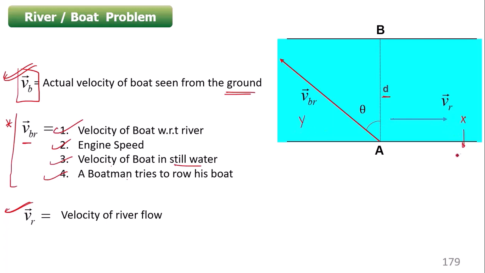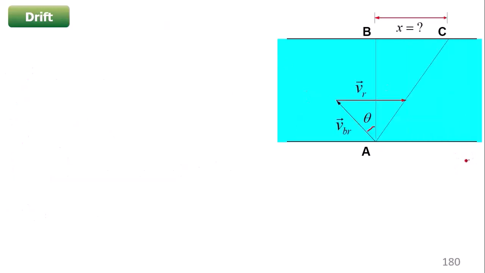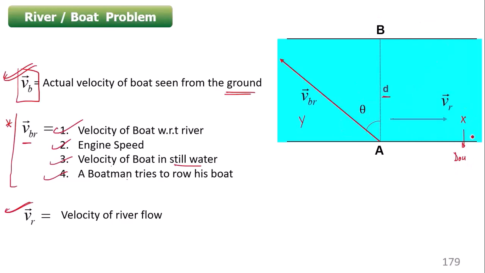X is called the downstream side. Y is called the upstream side. Along that direction the river is flowing.